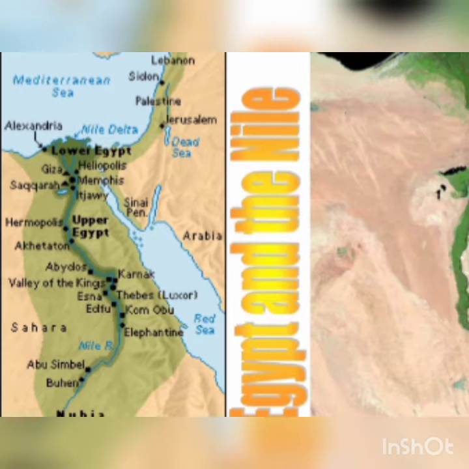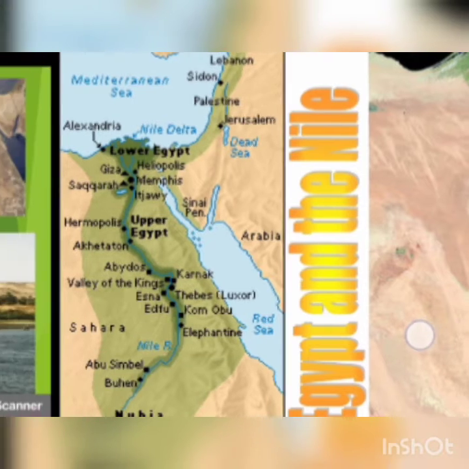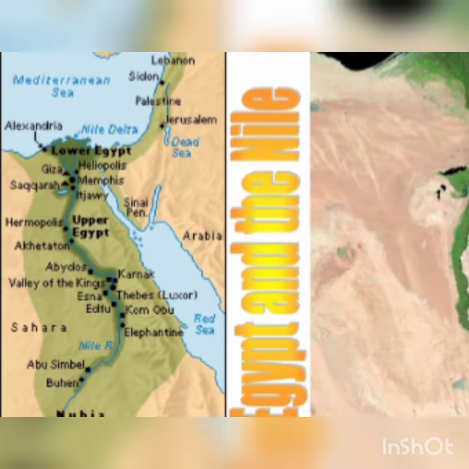The river Nile always overflows, and because of that overflowing, the country Egypt is made fertile because of this Nile.